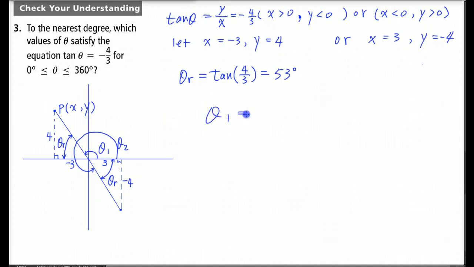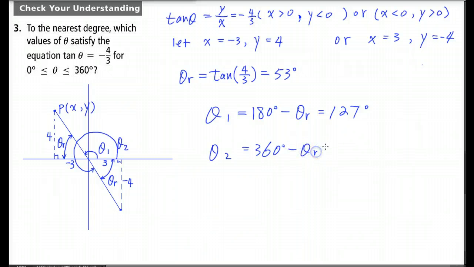Theta 1 is 180 degrees minus the reference angle, which equals 127 degrees. And for theta 2, you should use 360 degrees minus the reference angle, which is 307 degrees.